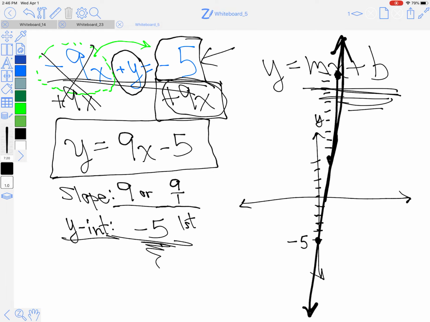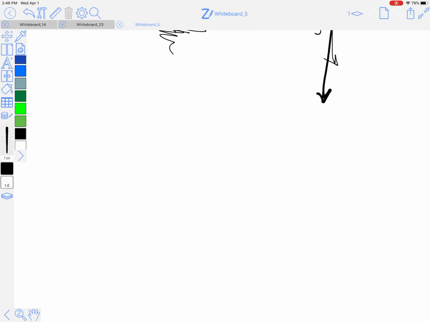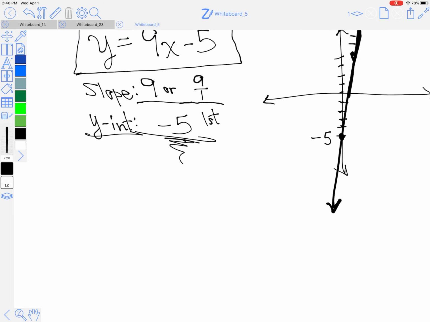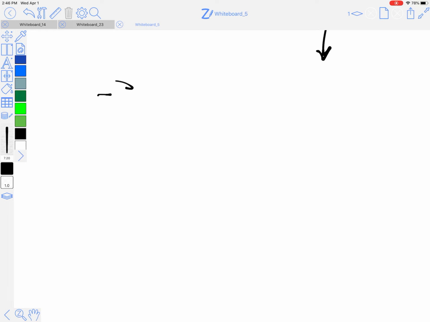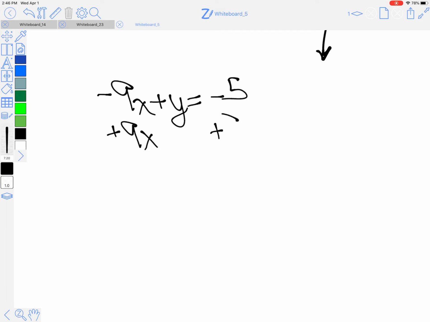So again, like I said for this, make sure if your equation starts out not in the right order, like this one had negative 9x plus y equals negative 5, we had to add that 9x to the other side.